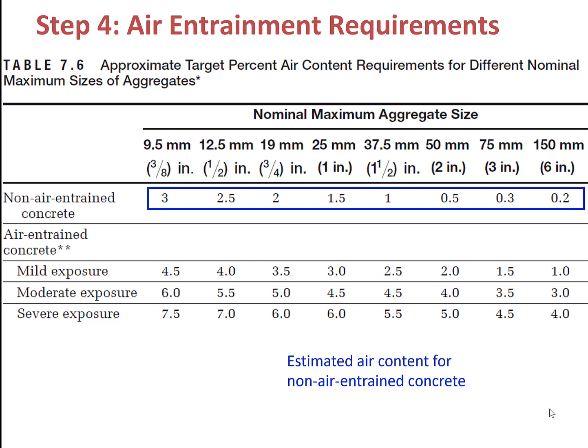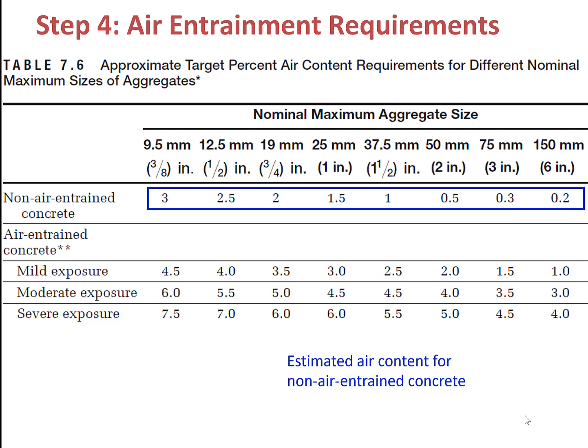The exposure condition is categorized into mild exposure, moderate exposure, and severe exposure. Mild exposure means the concrete is not exposed to freezing and thawing conditions or de-icing salts, and air entrainment is used to just improve workability.